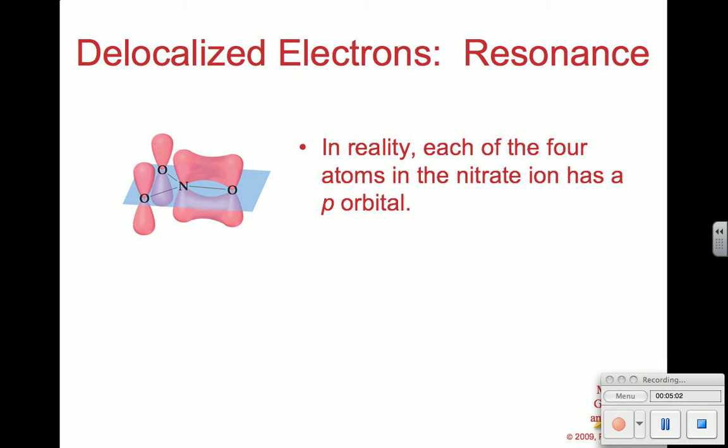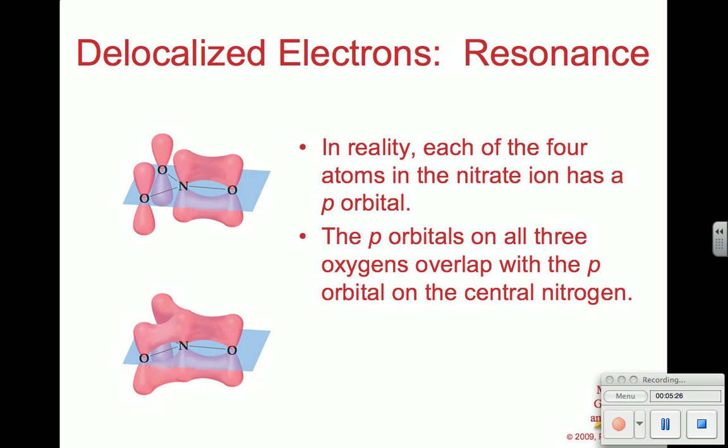But remember, when we were talking about multiple resonance structures, the reality is that the bond length is not like two single bonds and one double bond. It's more like a hybrid of that. And the reason for that is because those electrons become delocalized in that p orbital space.